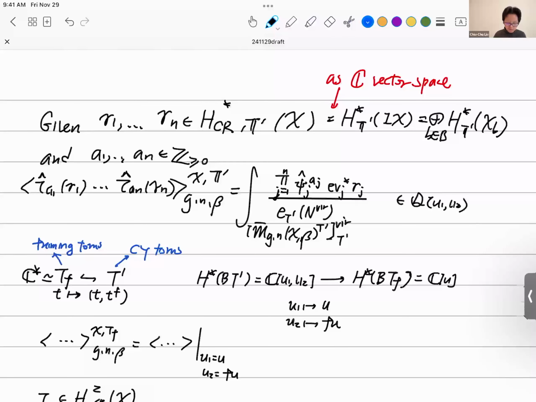So if we have any correlator, when we write T prime, it's T prime equivariant, and when we write T_F, it's restricted to the framing torus.